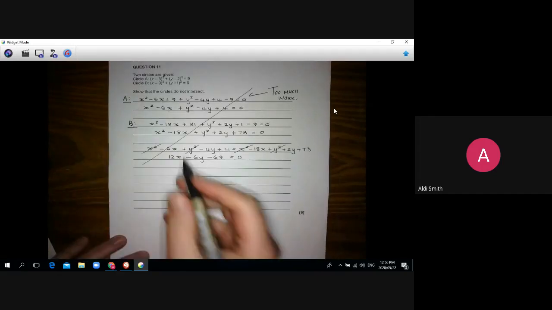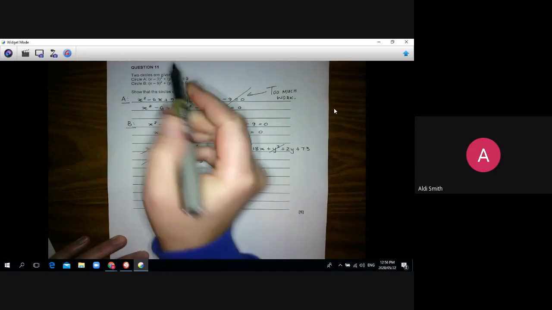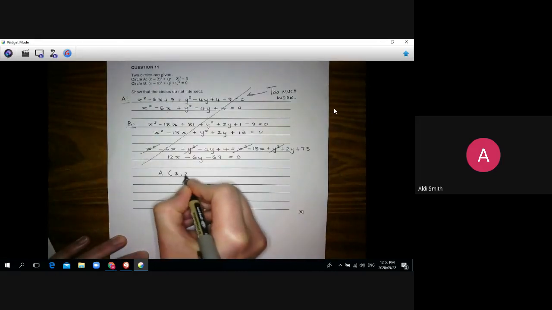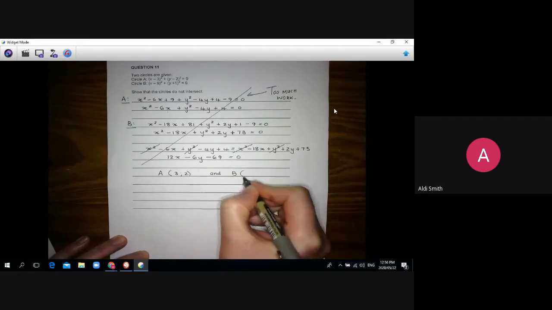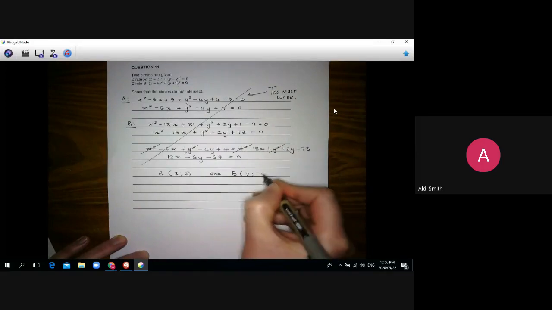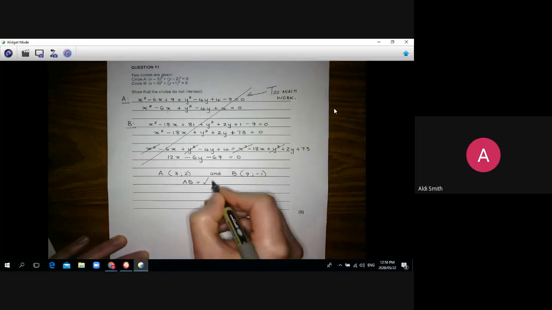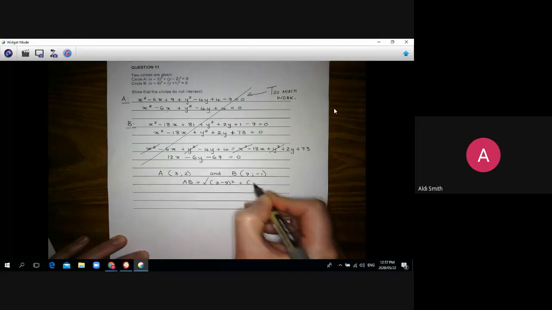So we're going to work out the distance from A to B by saying A is the point (3, 2). That's the center of that circle. And B is the point (9, -1). So if I work out from A to B, so from the center of the one circle to the center of the other circle, I get (3 minus 9) squared plus (2 plus 1) squared.